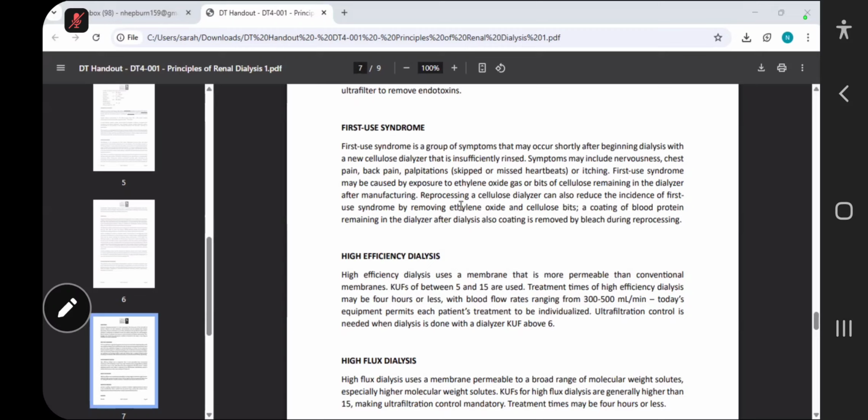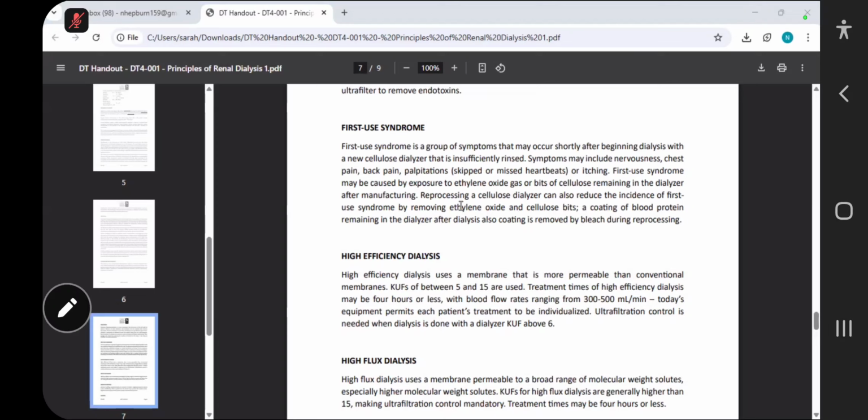So whatever they make the dialyzer from, whatever is in the membrane, as they said here, the ethylene oxide and the cellulose bits, this is stuff that can remain in the dialyzer and the person has a reaction to it.